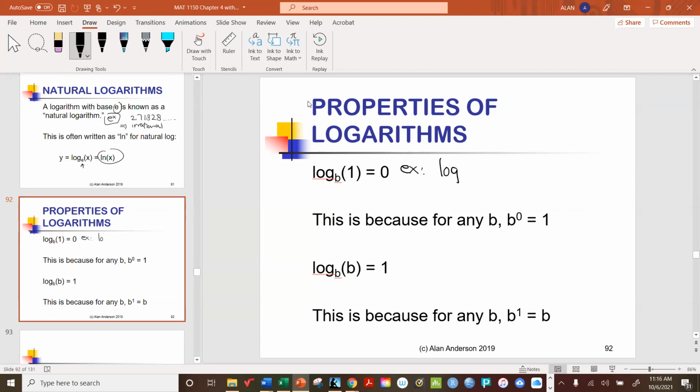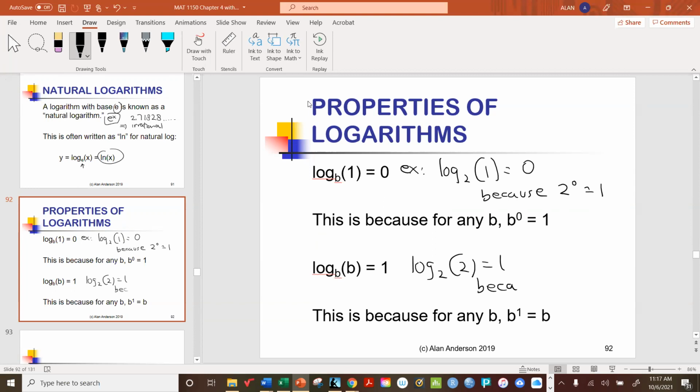The log to base 2 of 1 is 0 because 2 to the 0 is 1. Down here, we're saying the log to base 2 of 2 is 1, and that of course would be because 2 to the first is just 2. So those are two of the standard cases.